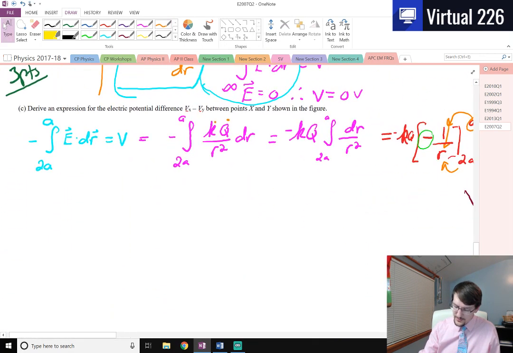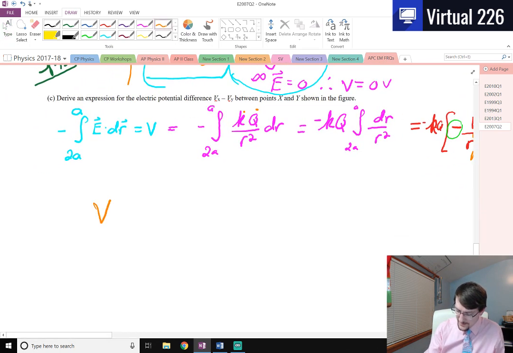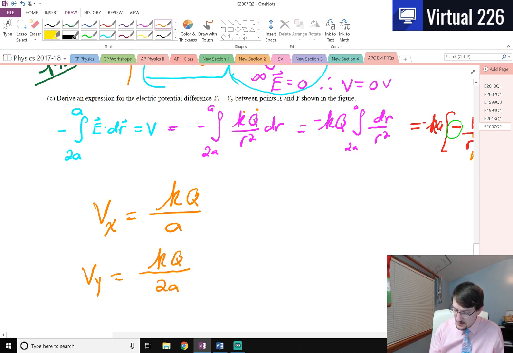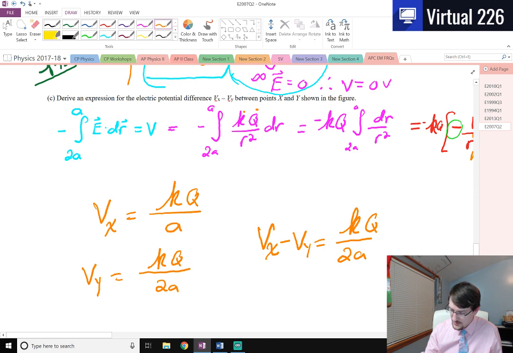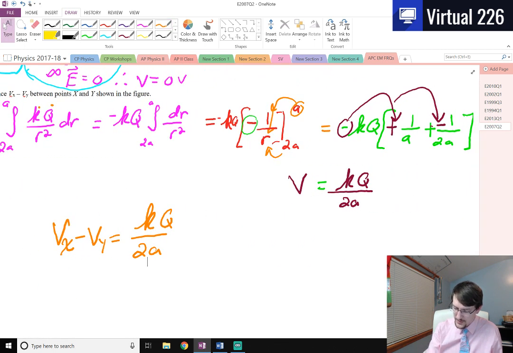So we could have just said here that at Vx, the inner radius, it's just going to be kq over a, and Vy is just going to equal kq over 2a, and Vx minus Vy is just going to be kq over 2a, which is what we found anyways.